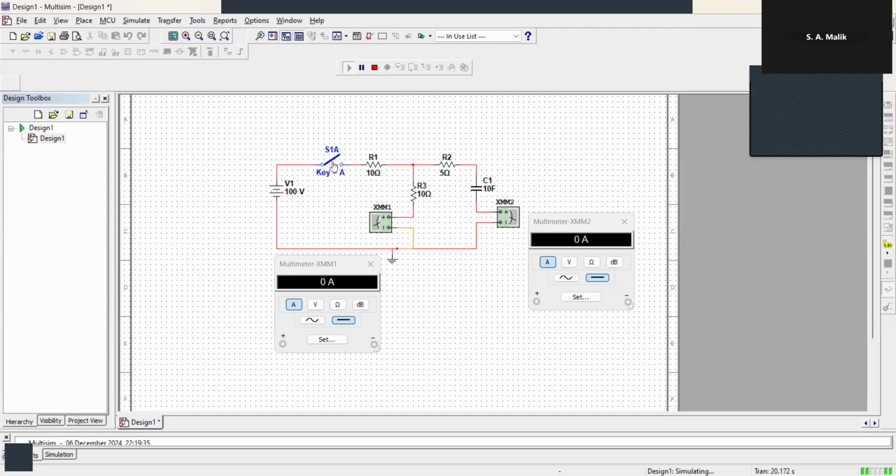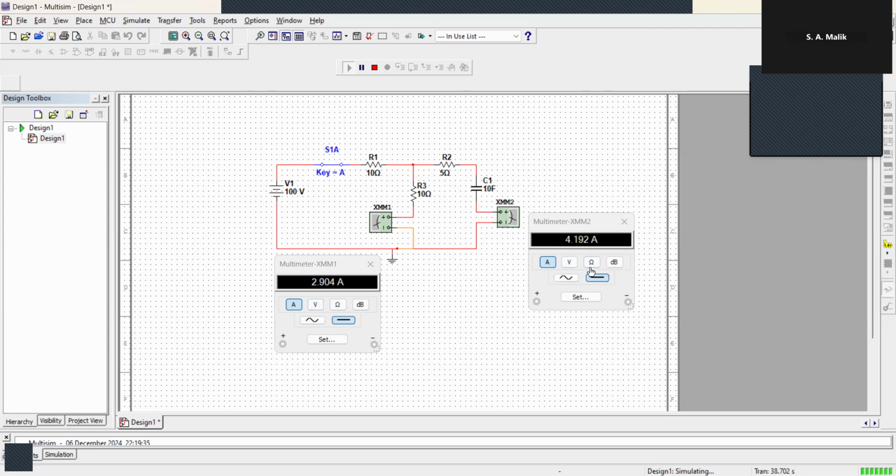Let's observe this one. As I close this switch, look at this resistor current. As you can see, resistor current is initially 2.5 amperes and capacitor current is decreasing from 5 amperes towards 0 as time progresses. Because the time constant of the circuit is very large, that is 100 seconds, we have to wait for 500 seconds to let this capacitor fully charge and act as an open circuit.